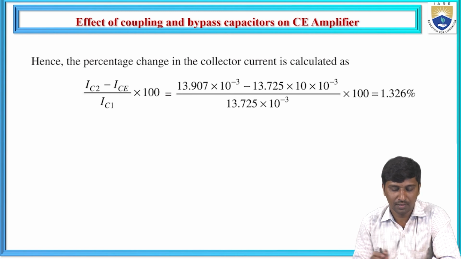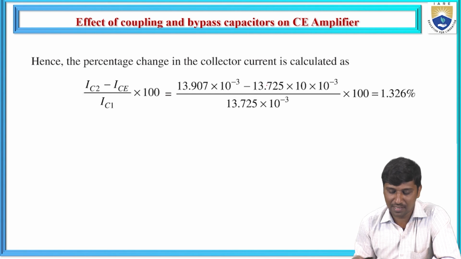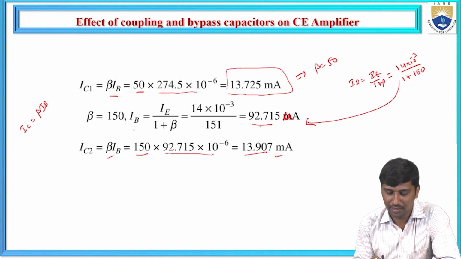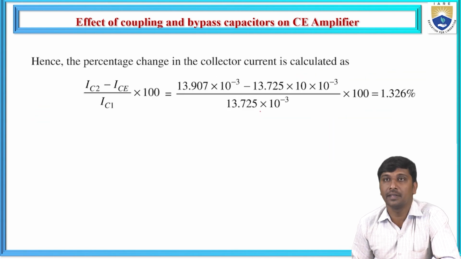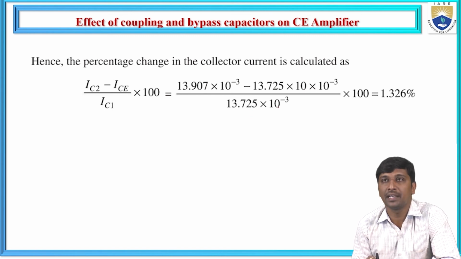Now we need to identify by what factor it changes, the percentage change. The percentage change is IC2 minus IC1 by IC1 into 100. The IC2 value is 13.907 milliamperes minus the collector current IC1, which is 13.725 milliamperes, divided by IC1, 13.725 milliamperes.